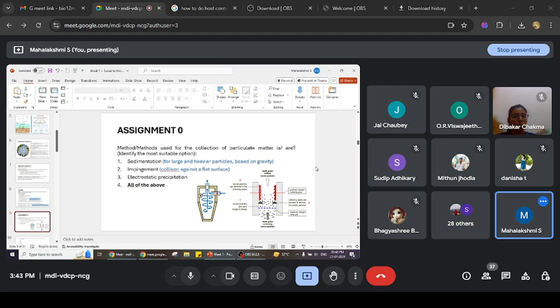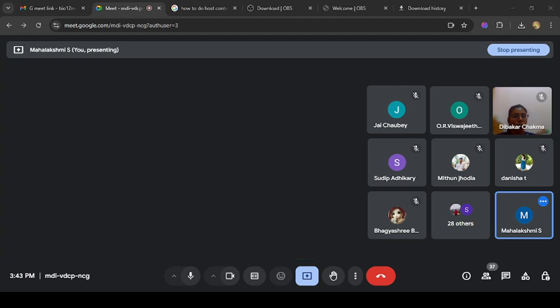So those are the main examples for particulate matter here. How these things are collected is basically by all three methods. First one is sedimentation. We all know what sedimentation is. The main principle behind it is gravity-based settling.